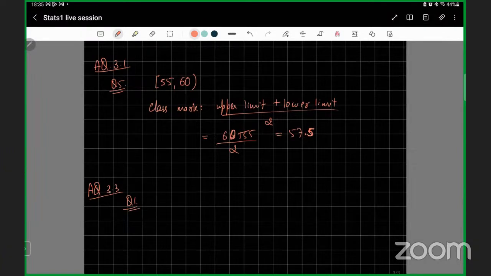It says during the lockdown, the teacher shared the marks of 10 students of her class with the principal of the school over phone.